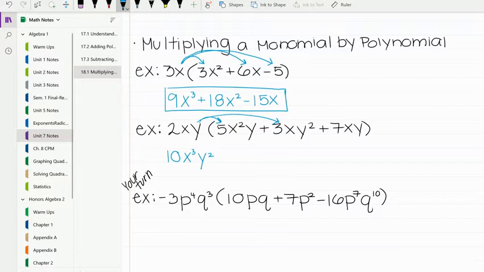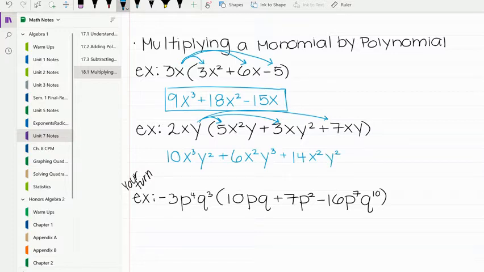So we'll do 2 times 3, which would be 6, and then x times x, which would be x squared, and y times y squared, which would be y cubed. And then lastly, we have 2xy times 7xy. So you'll do 2 times 7, which is 14, and then x times x, which is x squared, and y times y, which is y squared.